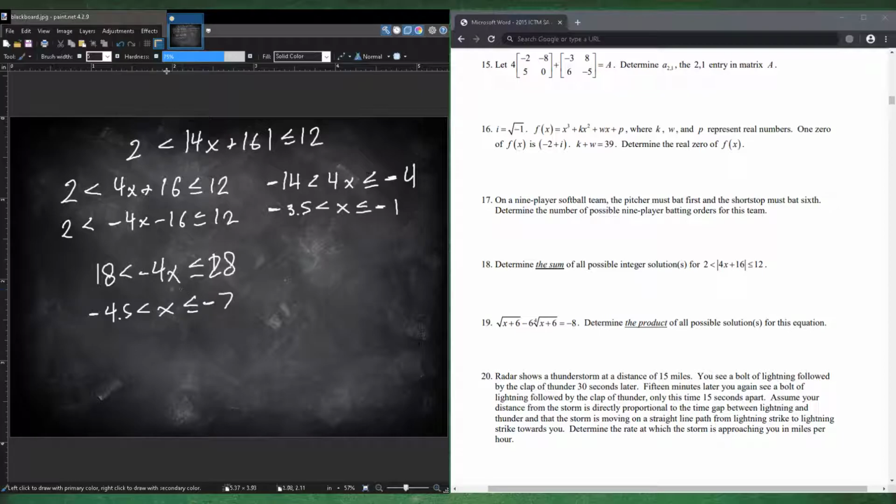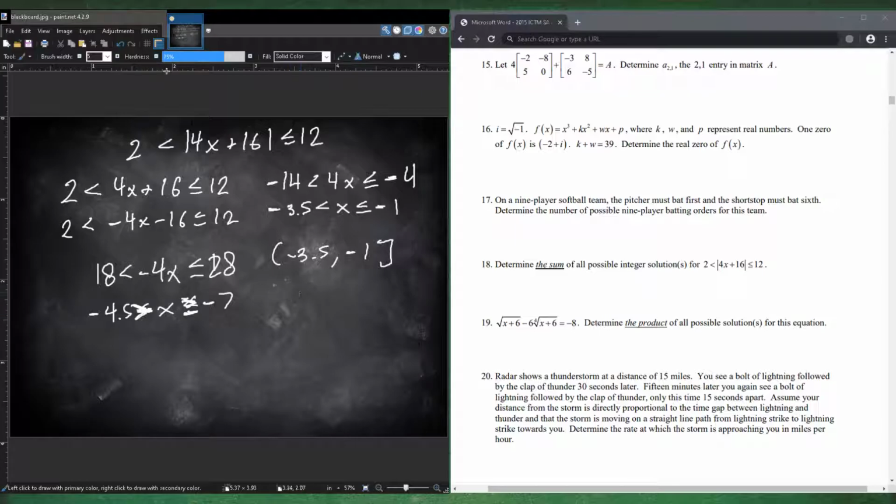So basically, if we had to do our numbers, we have from negative 3.5 to negative 1, and it includes the negative 1. And we have from negative 7, sorry, I forgot to change the sign, it's greater than or equal to negative 7, but it's less than negative 4.5.